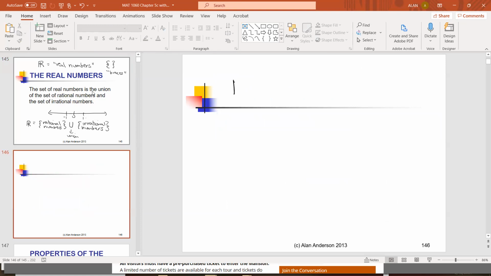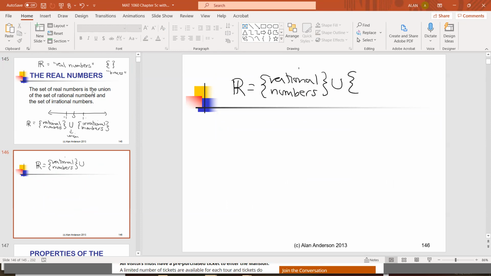So in addition to this statement, which again simply indicates that all the real numbers must be either rational or irrational, we know one more thing. They do not overlap. There's no number which is both. So therefore, we can use the following notation.